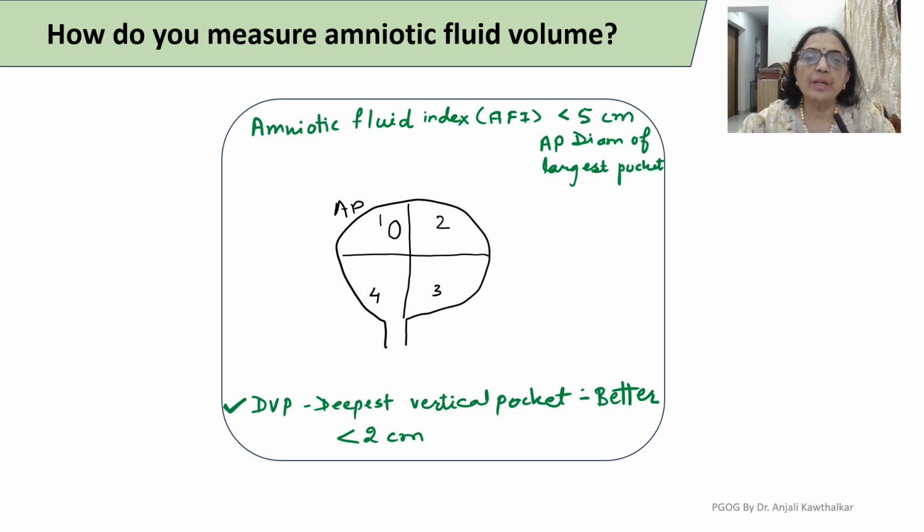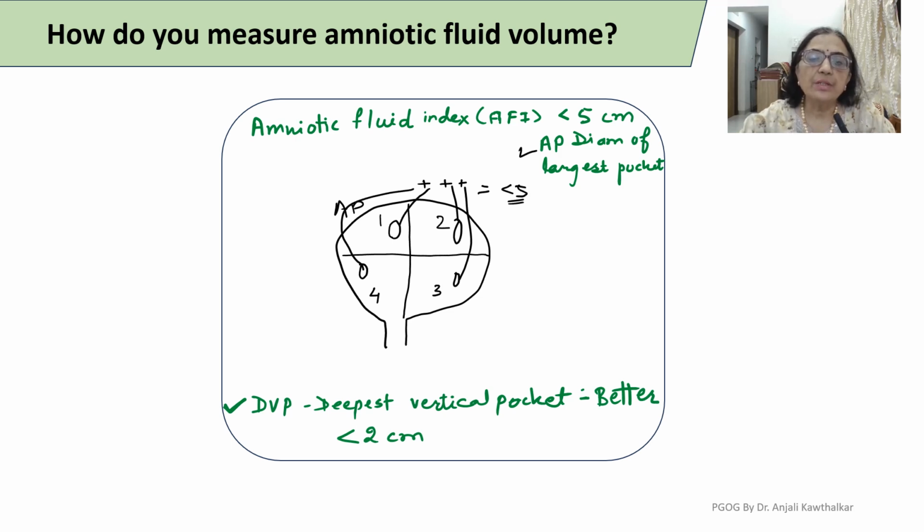We add all these 4 values together, and if that value is less than 5, it is indicative of oligohydramnios.